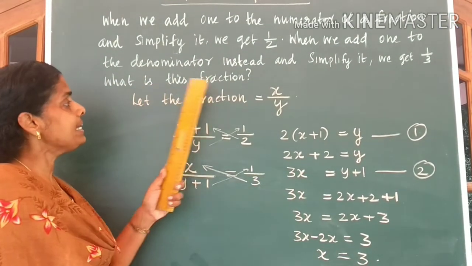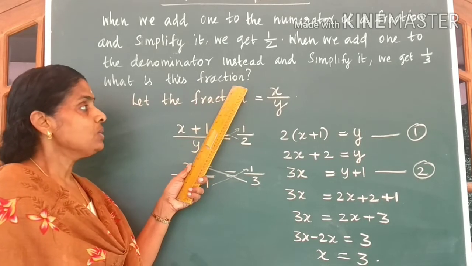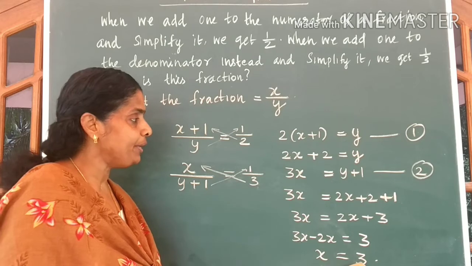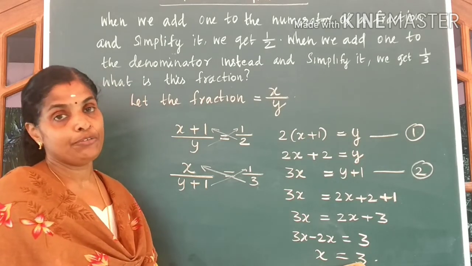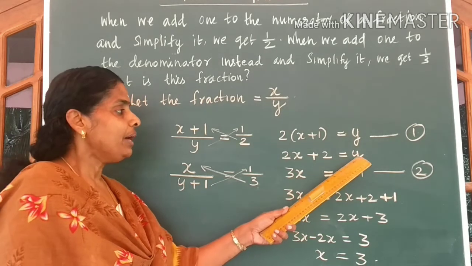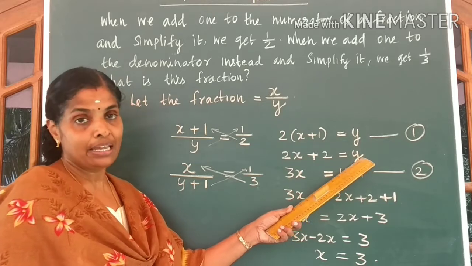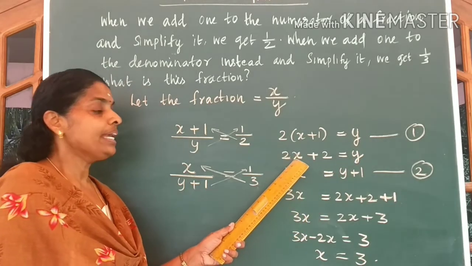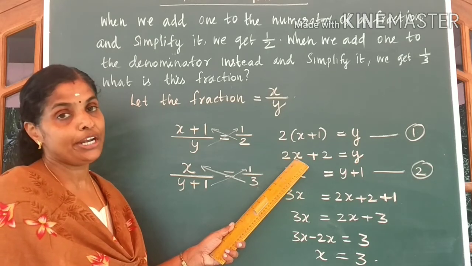Now the question is, what is the fraction? So how do you write the fraction? We know x is equal to 3. Get the value for y now. To get the value of y, let us substitute x is equal to 3 in this equation. So what do you get?